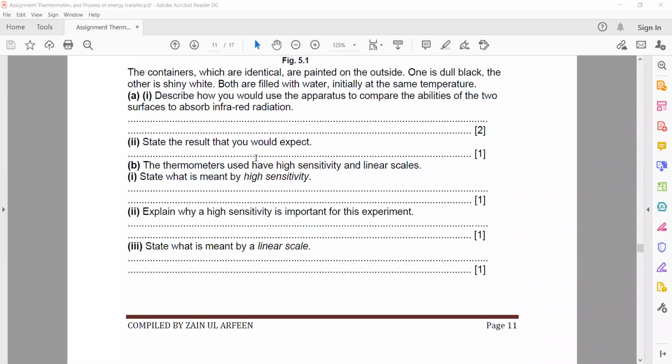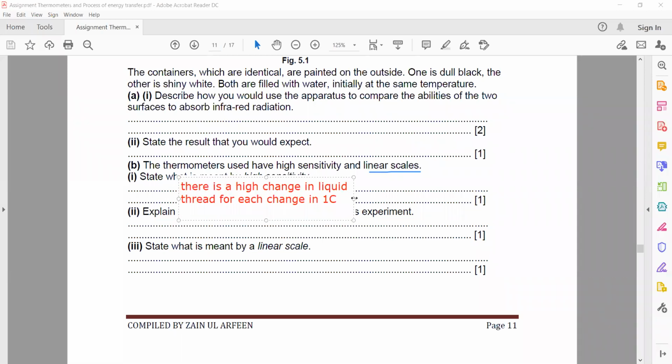The next part: a thermometer has a high sensitivity and linear scale. What is meant by high sensitivity? What's the meaning of a thermometer having a high sensitivity? So a greater change of the liquid thread for every 1 degree change in temperature.